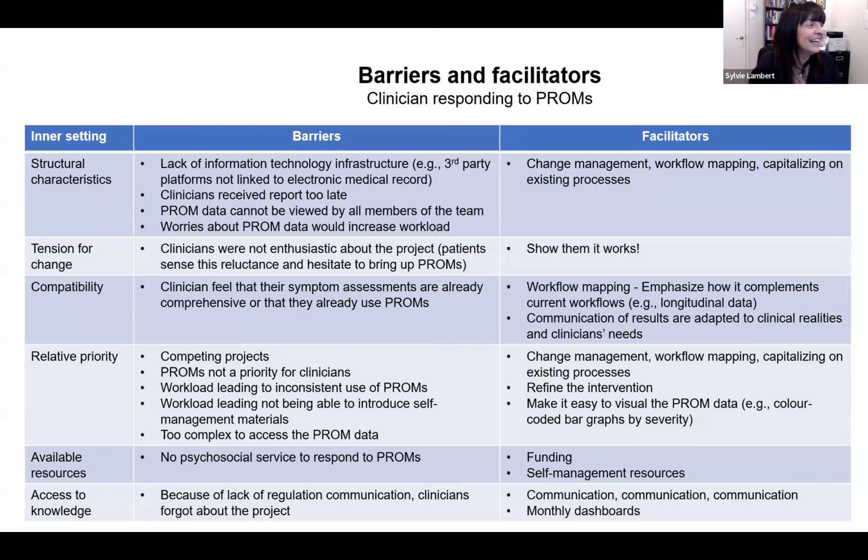And competing projects: there's always a lot of projects that different settings are doing. So how do you give priority to PROMS versus a smoking cessation program? And then there are no services available to respond to the PROMS.